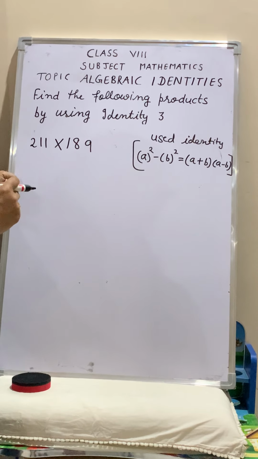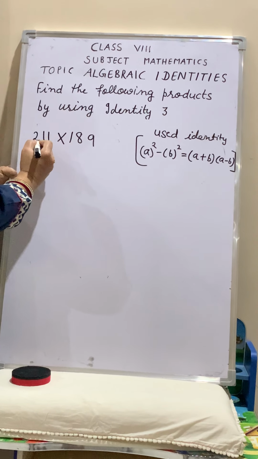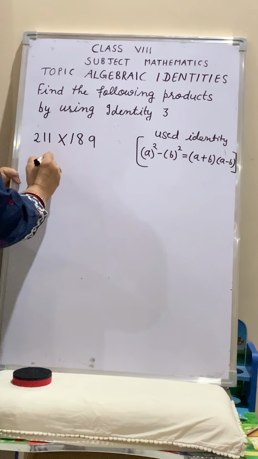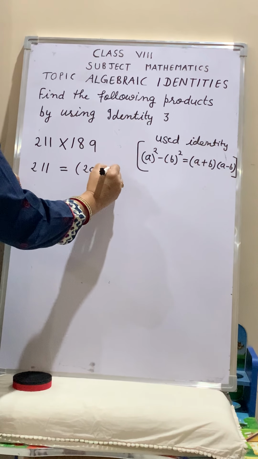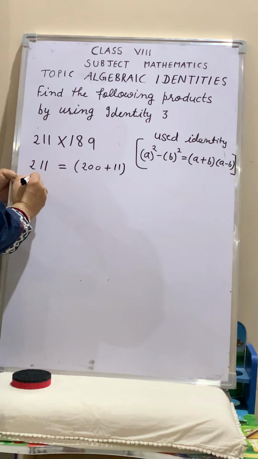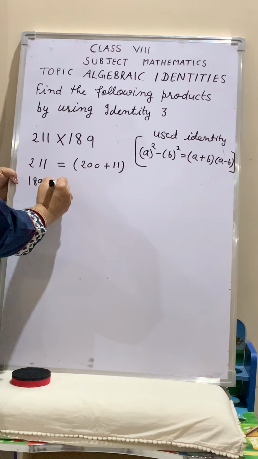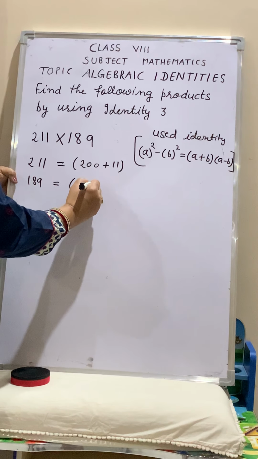So we can write 211 is 200 plus 11 and 189 is 200 minus 11.